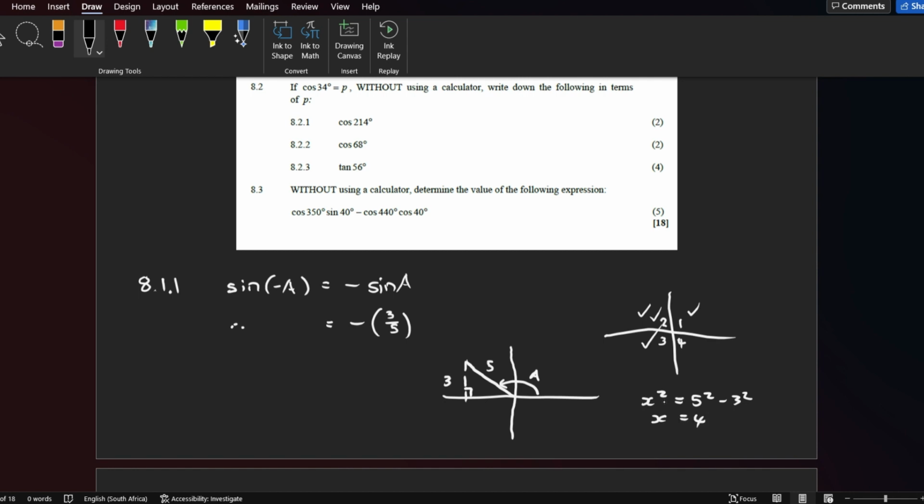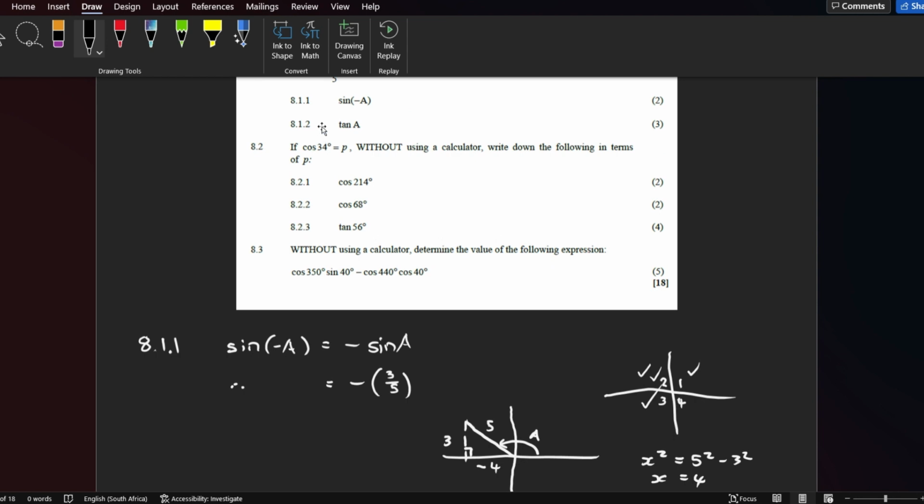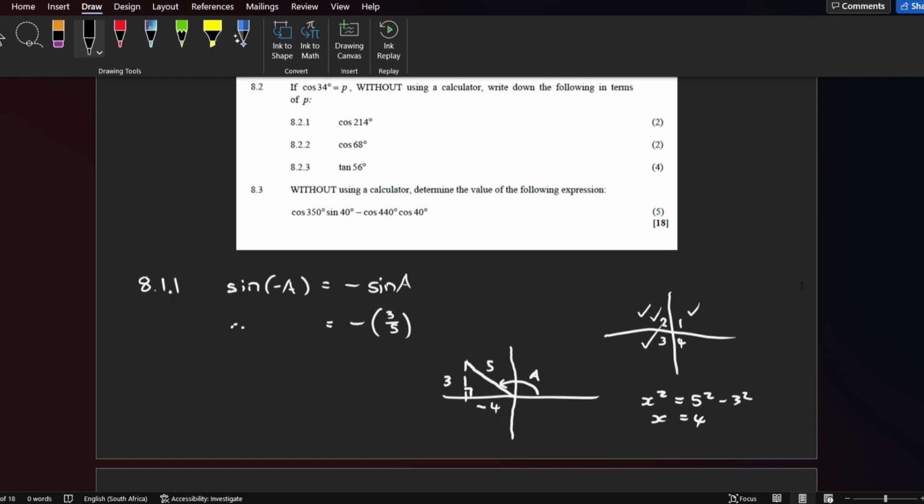However, x we can see is on the left hand side of our y-axis, therefore x will be negative 4. Just an indication, when determining your trig ratios, we take it as if A was that angle there, but in reality A is that exterior angle. Okay, so then we can quite easily determine the value of tan A because we know that tan A is opposite over adjacent. So therefore tan A will be equal to negative 3 over 4.